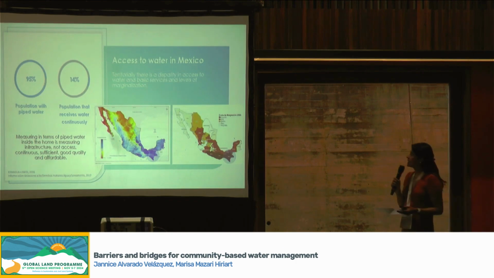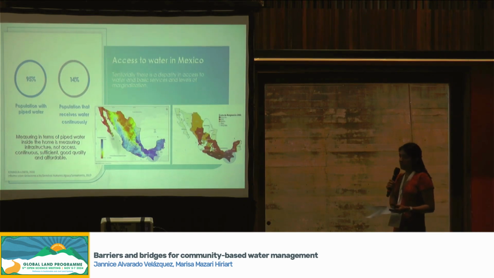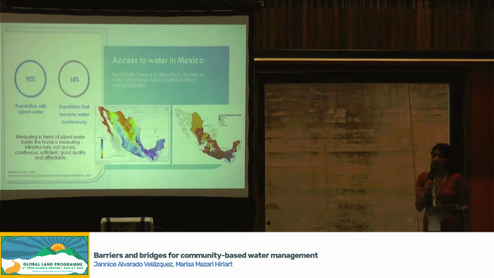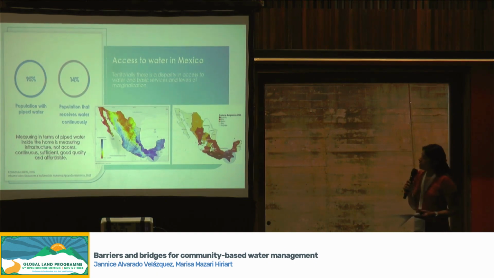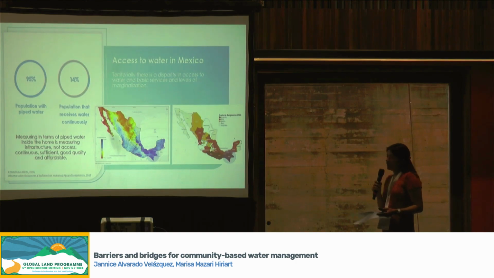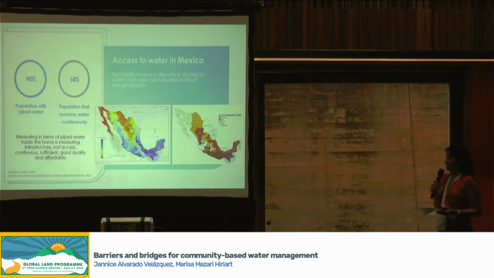The other map shows marginalization grade in Mexico, where people don't have enough piped water and basic services. Measuring piped water inside the home measures only infrastructure, not access that is continuous, sufficient, good quality and affordable.